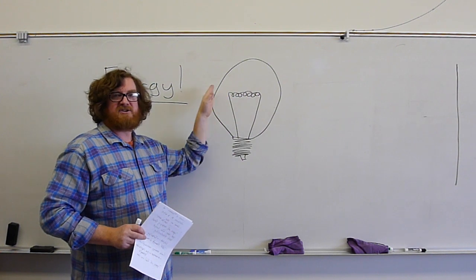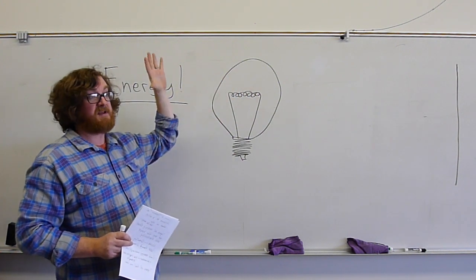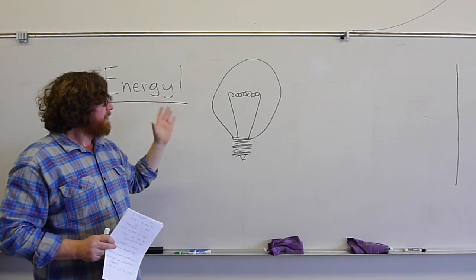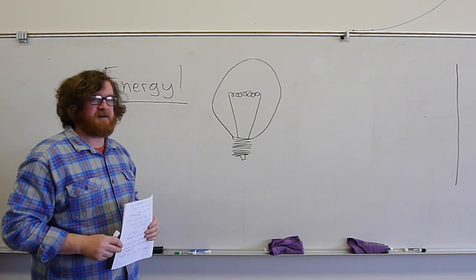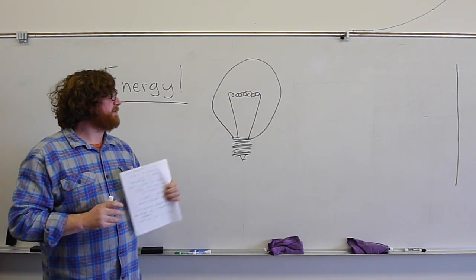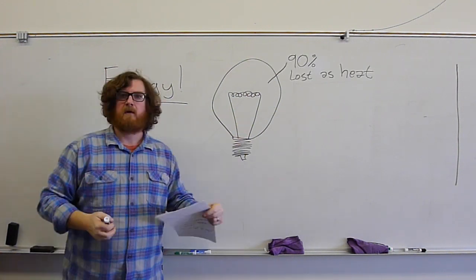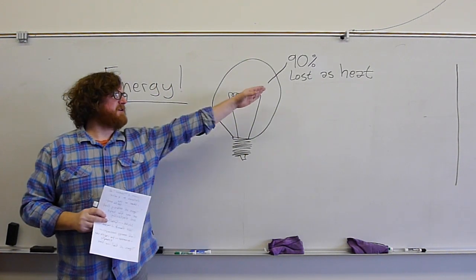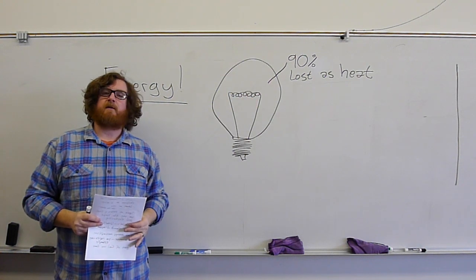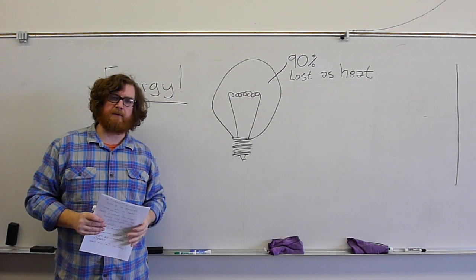And as that energy is traveling through this wire, the wire gets excited and it starts to emit radiation. But one of the problems with these incandescent bulbs, and one of the reasons why we're trying to get away from them, is that they actually lose about 90% of their energy in the form of heat. So in the context of energy efficiency, these things are actually pretty terrible. And I mean, you've probably learned this yourself, right?